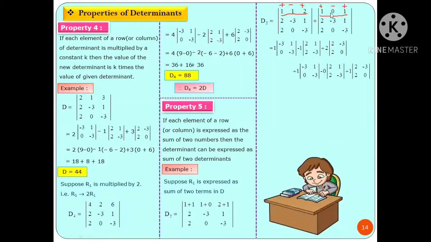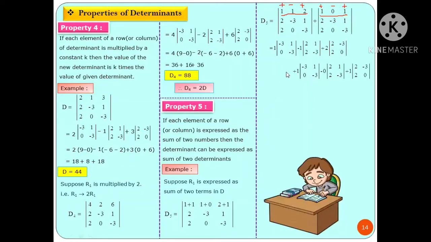Next minus of 0, eliminating the corresponding row and column, remaining entries 2, 1, 2, minus 3, and plus 1, last element, eliminating that row and column, remaining elements 2, minus 3, 2 and 0 expressed as a determinant.